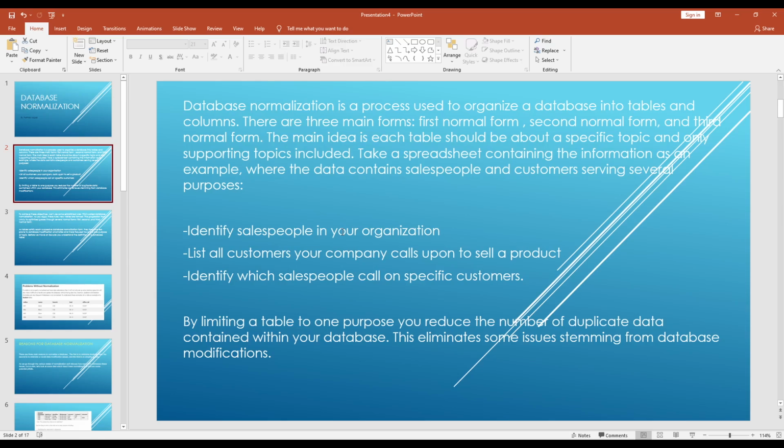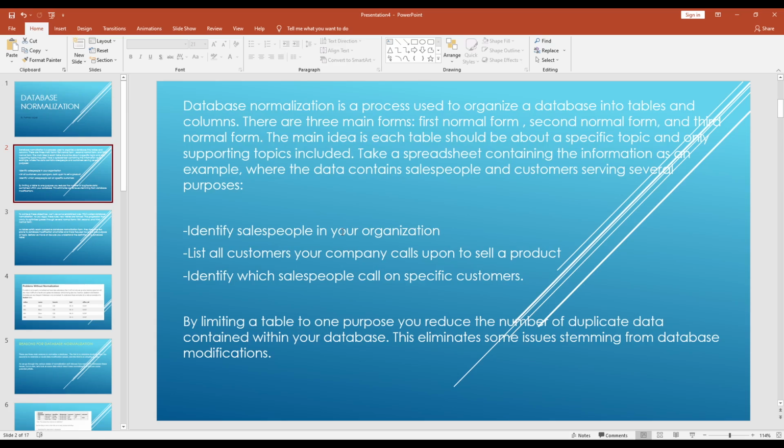Take a spreadsheet containing the information as an example, where the data contains salespeople and customers serving several purposes.